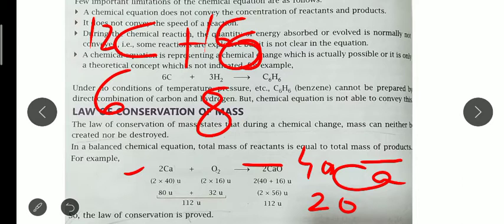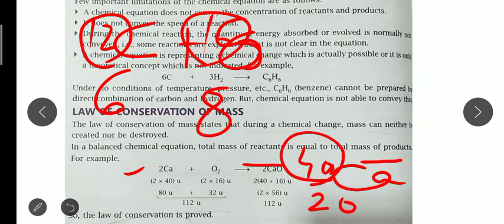For calculating with this, we need to know the atomic mass, not the atomic number. So when calcium reacts with oxygen, it produces calcium oxide.